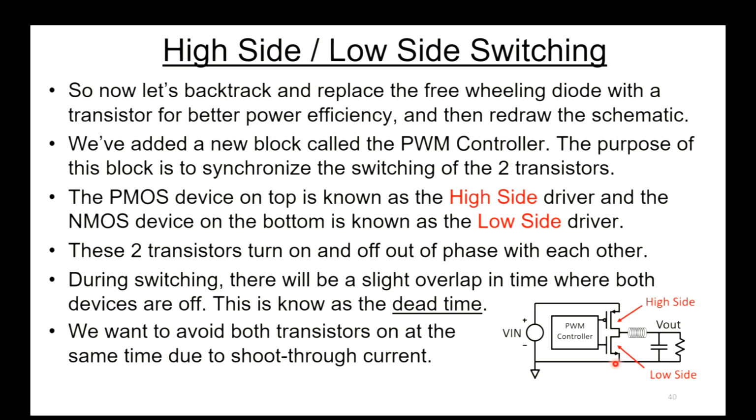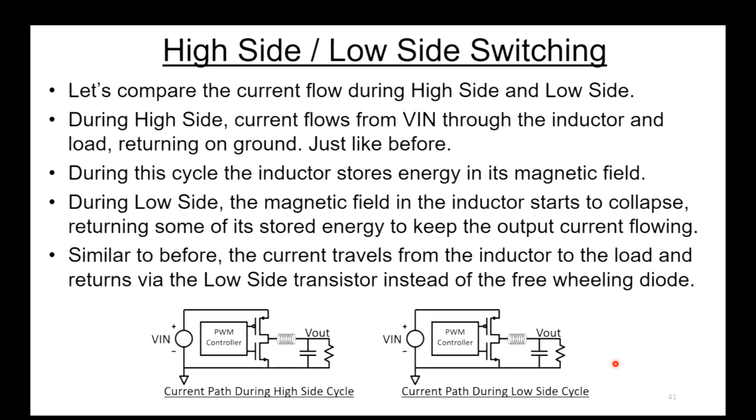So I basically wanted to introduce the terms high side and low side. Let's compare the current flow during high side and low side switching. During high side switching, the current flows from Vin through the inductor and the load, returning to ground, just like it did before. During this cycle, the inductor stores up energy in its magnetic field. You're charging the magnetic field.